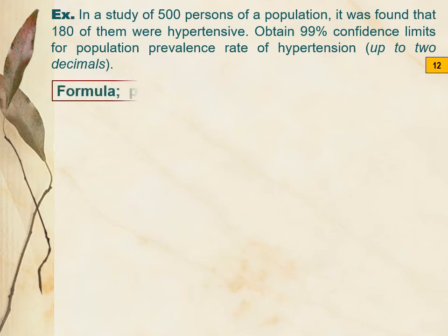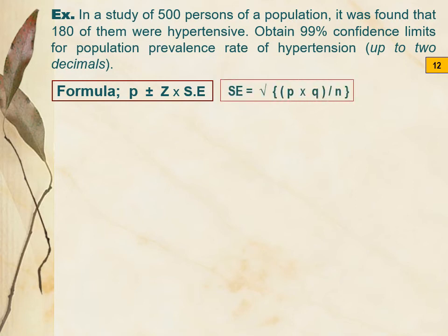The formula you know is P plus minus Z SE. P is the sample prevalence rate, the percentage of hypertensive in the sample, and this you can calculate. And you know the formula of SE is the square root of P into Q over N. So you want the value of P, value of Z, and N. Q you will get from P.